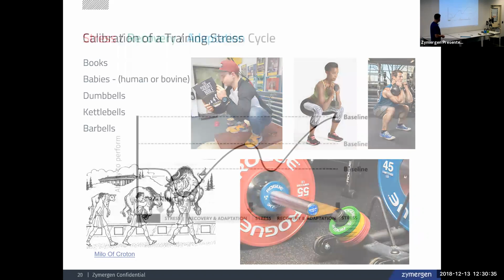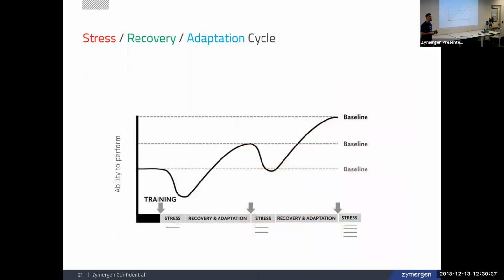And that's important because what we're really shooting for when training for strength with the squat is to get into this stress, recovery, adaptation cycle. Here's some baseline ability to perform, and then an organism encounters stress. It recovers.